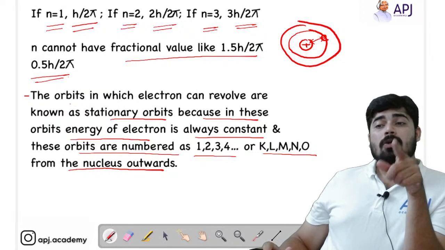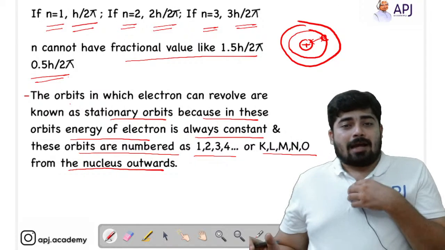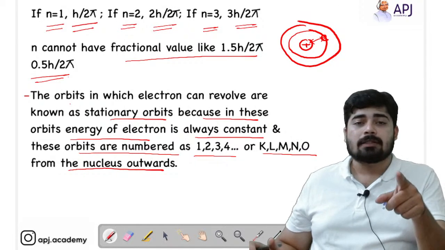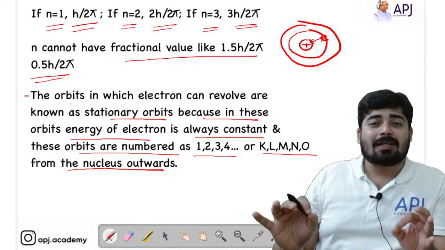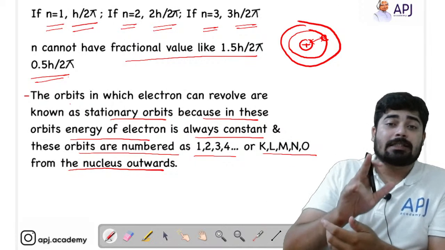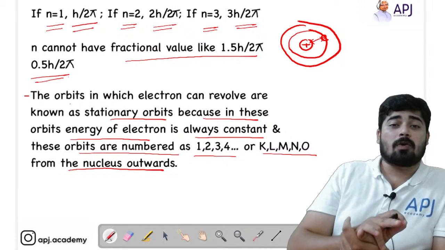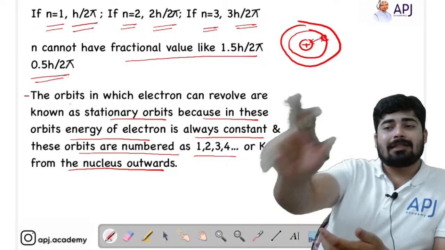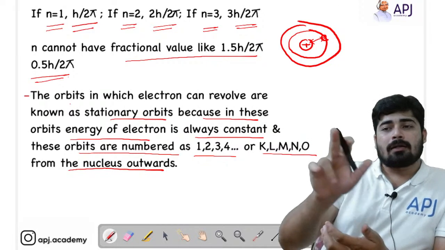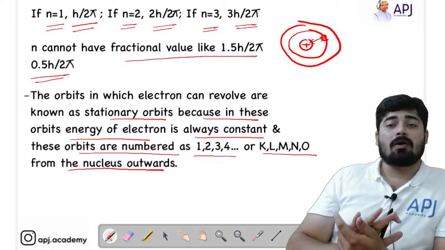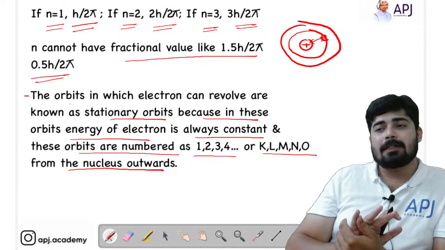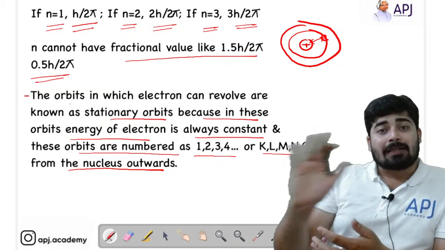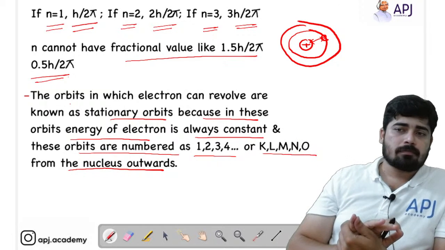Okay, so we are seeing that even though electrons are revolving in their orbits, not even a fraction of energy is released or utilized by the electron, and this phenomenon is not taking place in any atom. Atoms are not getting destroyed, and the electrons just keep on moving.